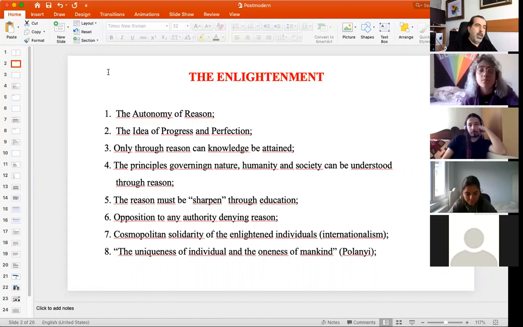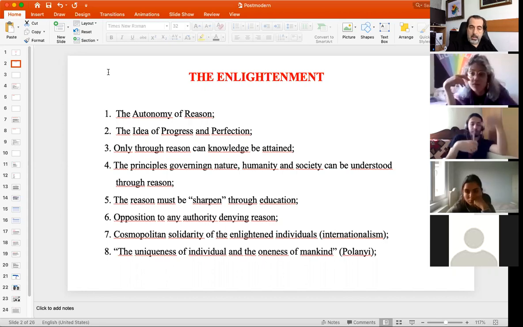History moves in a progressive way towards a better society, towards more freedom, etc. And only through reason, as a third one, can knowledge be attained. The principles governing nature, humanity, and society can be understood through reason. And reason must be sharpened through education.